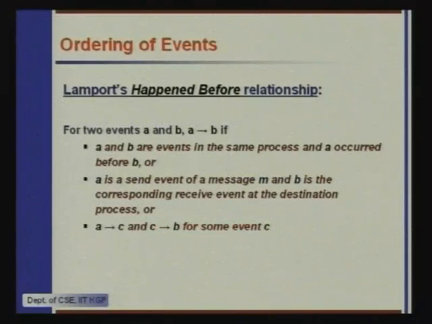Whether they happen at the same time on the watch is not important. Okay, so let us see what we want to do. The first thing that we want to do is ordering of events. For this we will use Lamport's happen before relationship. You will see a lot of Leslie Lamport in this course. He is one of the authorities in the area of distributed computing and distributed algorithms.